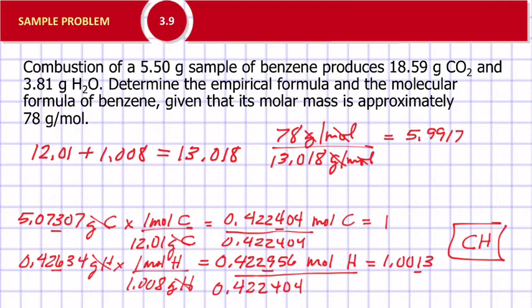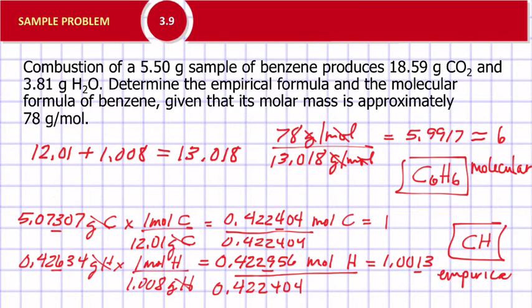And so you're going to round that to the closest whole number. So that's going to be 6. So that tells me that I take this one and I multiply all the subscripts by 6. And so I get C6H6. And that's the molecular formula. That's the molecular one, and this is the empirical one. Any questions?